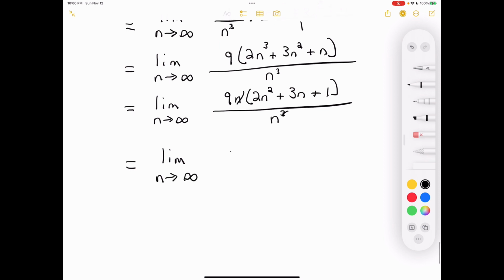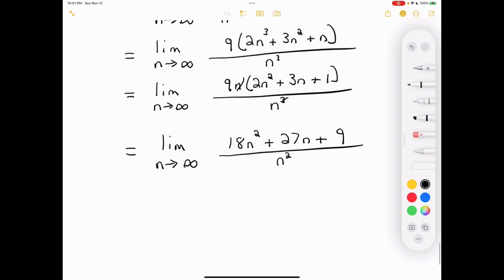Which leaves us with 18n squared plus 27n plus 9 over n squared.